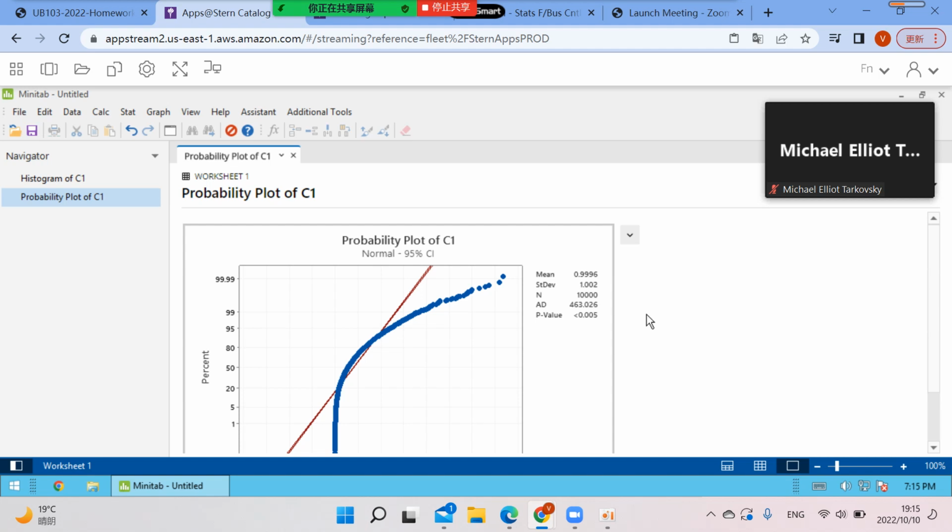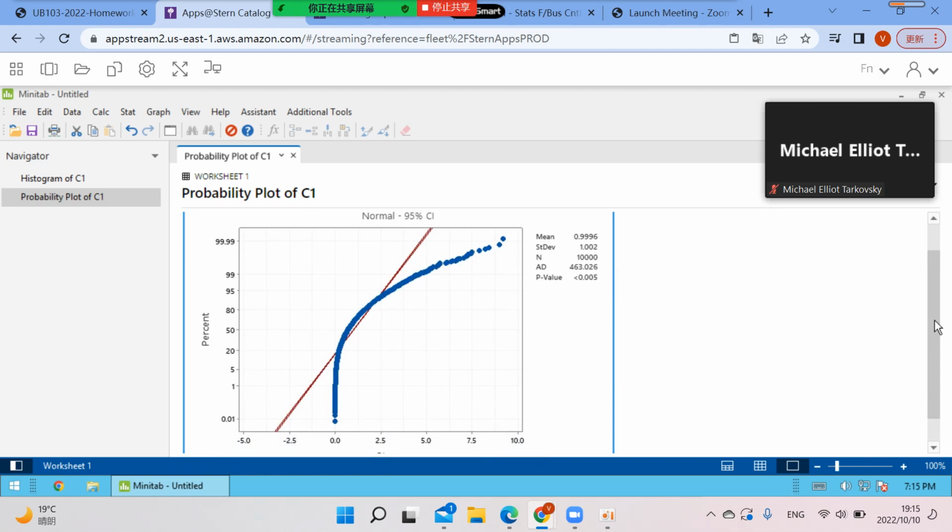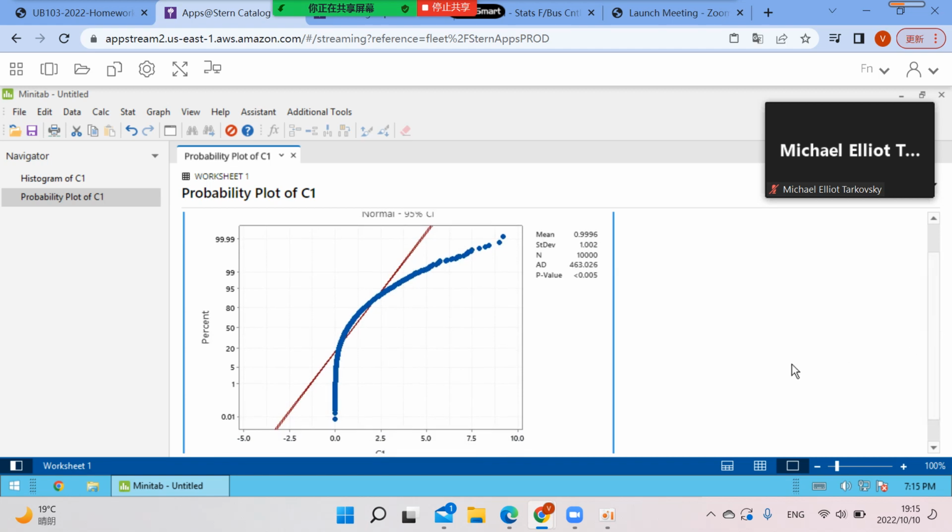However, financial data always have a fatter tail than a normal distribution. So for the last question, you're going to plot the stock returns, and if you plot all your data in the QQ plot, you won't find a perfect straight line, like this red line, because you have a fatter tail, which means you're more likely to get some abnormal observation, which lies maybe 4 or even 5 standard deviations around the mean.